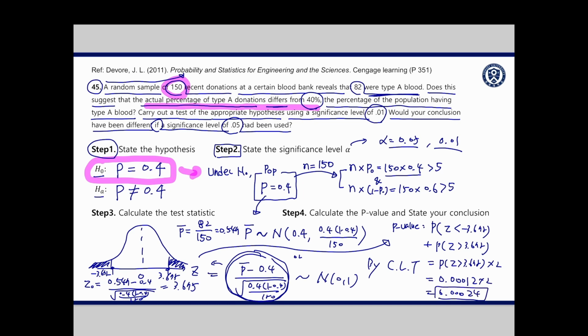Okay, you know, the result leads us to reject H0 when the significance level alpha is 0.05 and 0.01. Okay, in other words, there is sufficient evidence to support the claim of the alternative hypothesis.